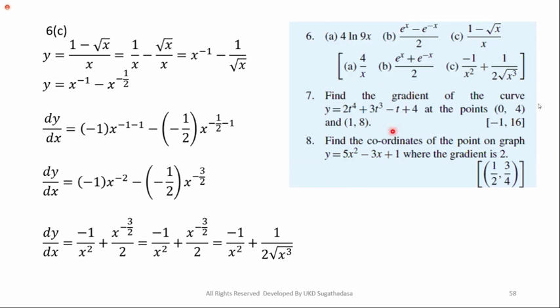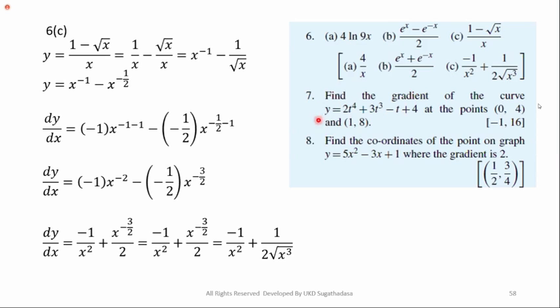Next exercise, the graphical one, but the variable is not x, the variable is t. Find the gradient of the curve. The curve is given at the point 0, 4 and 2 points. How to calculate the gradient? Find dy by dt here. Remember, we have to calculate dy by dt.